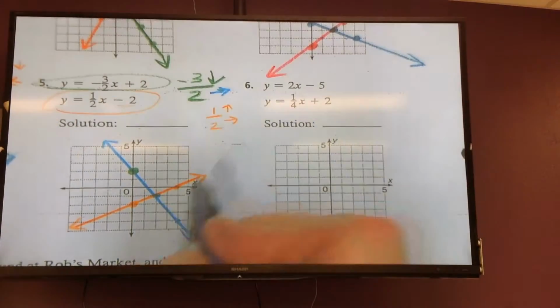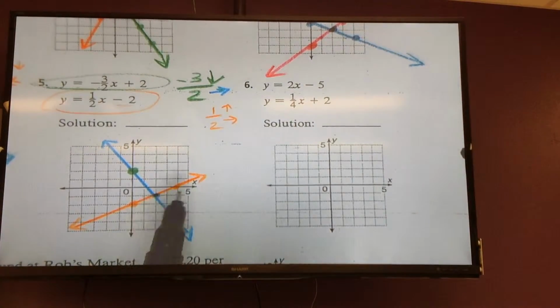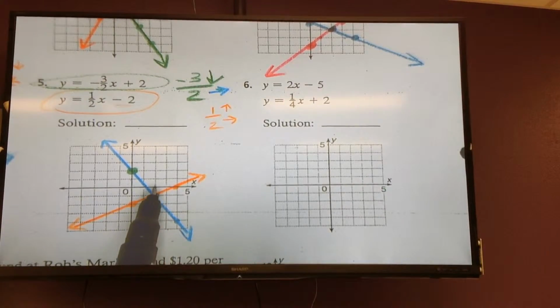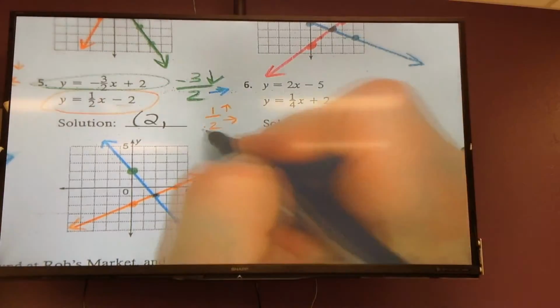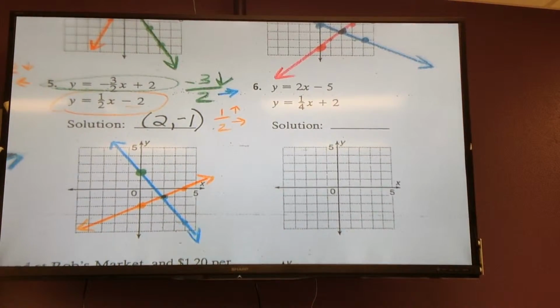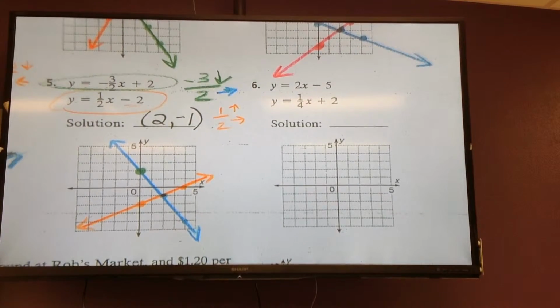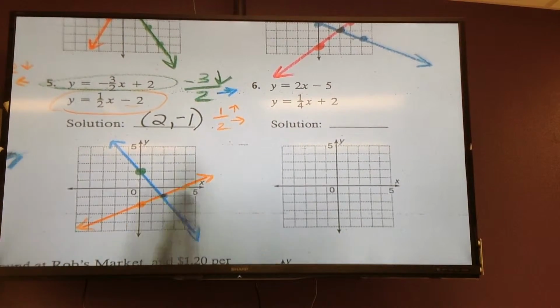Where the lines intersect is right here. So that point would be 2 to the right, 1 down. So the x movement is 2, the y movement is -1. As you're correcting this, give yourself a point for the solution and a point if you have the graph correct. Okay?